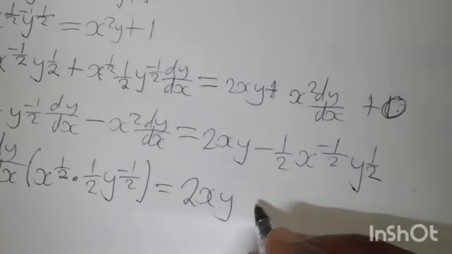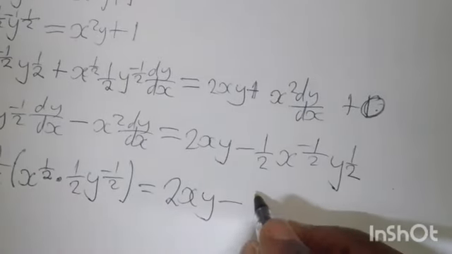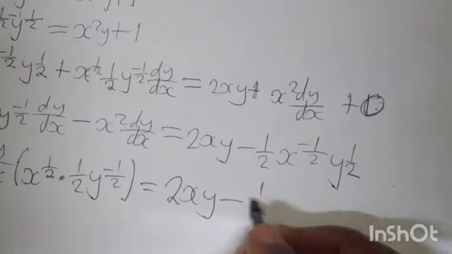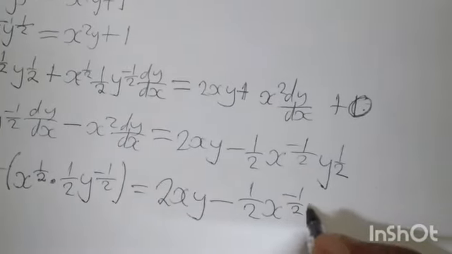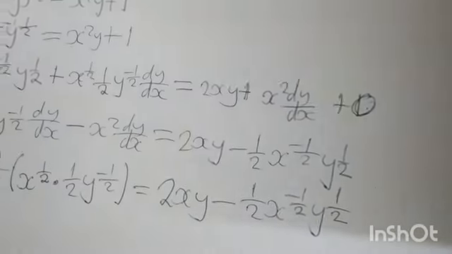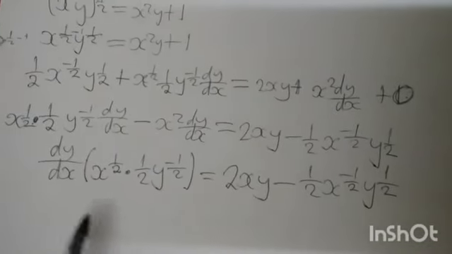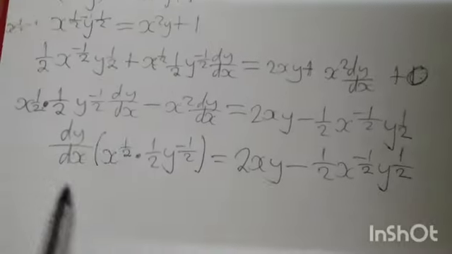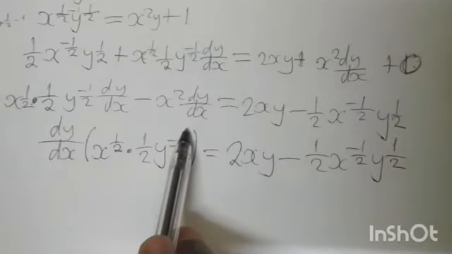2xy minus 1 over 2x to the power negative half y power half. Then, to remain with only dy over dx, we get rid of this by multiplying throughout. When you multiply throughout, this will go away.